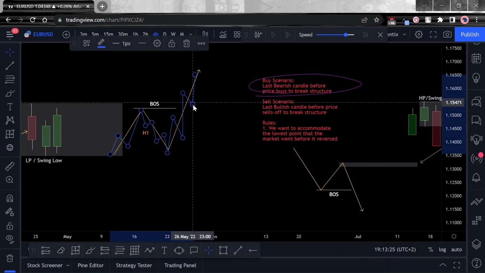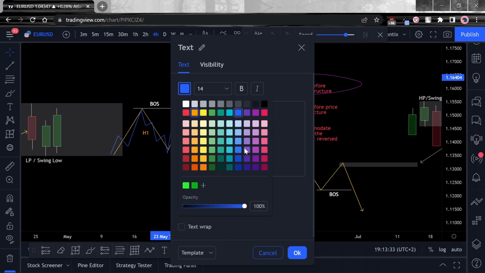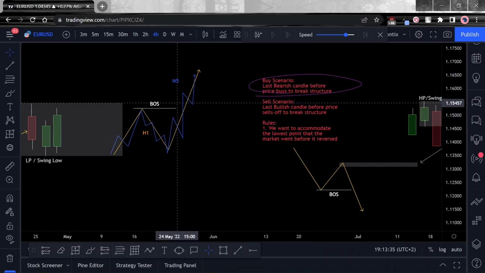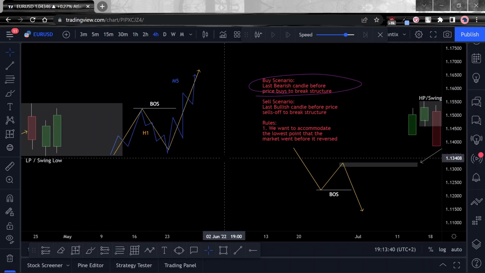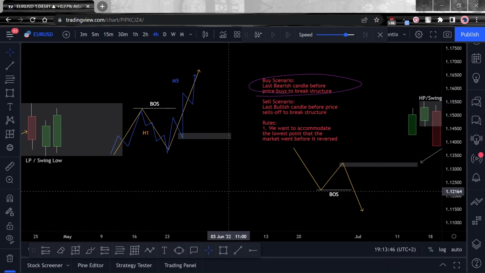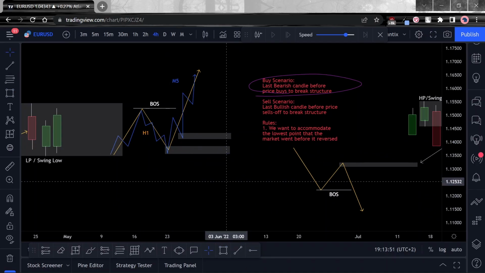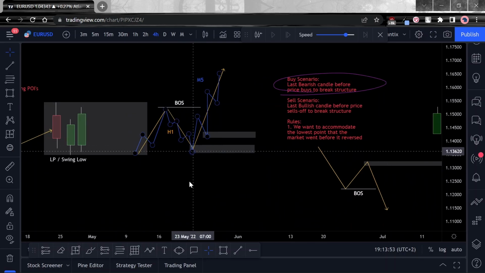Because when you move on, let's call this our, say, M5, right? So before we see a break of structure on the M5, it pulled back and shot up again. Now obviously we've got this over there, and we've got a zone where we accommodate the last point, or the swing low, which is over there.